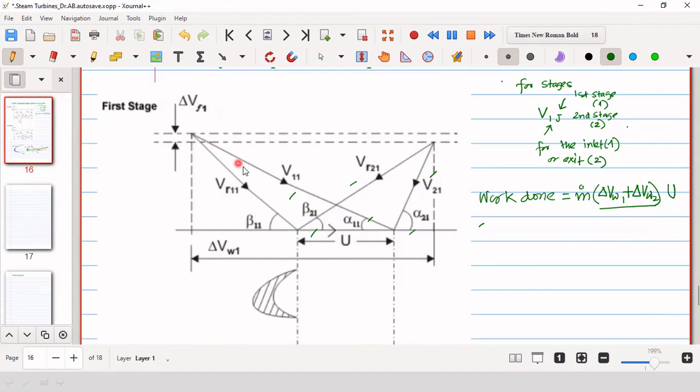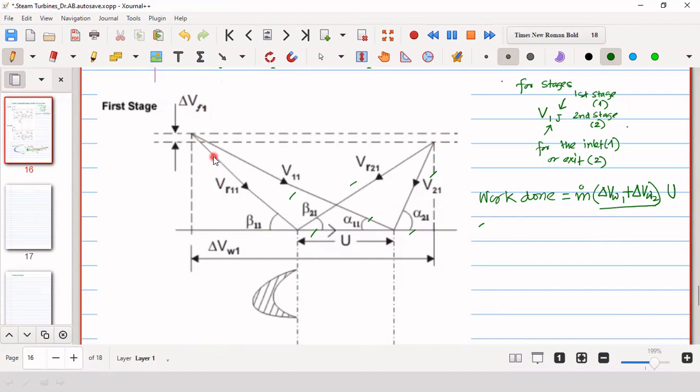As the fluid is moving with this velocity, the axial component of velocity is say Vf1, and as the fluid is leaving the turbine, the axial component of velocity is say Vf2, then effectively the thrust that is given by the steam on the blade in the axial direction is due to delta Vf, because that is the change.